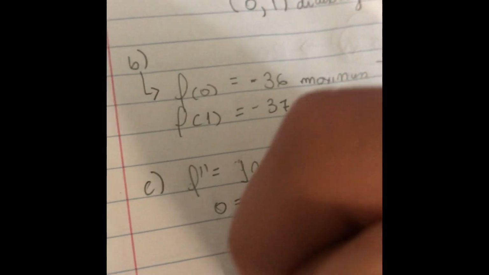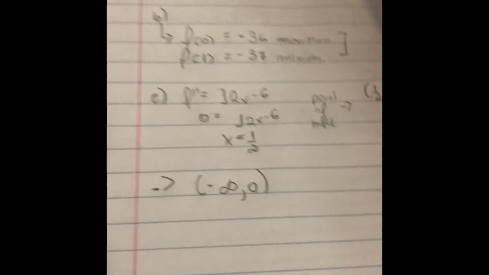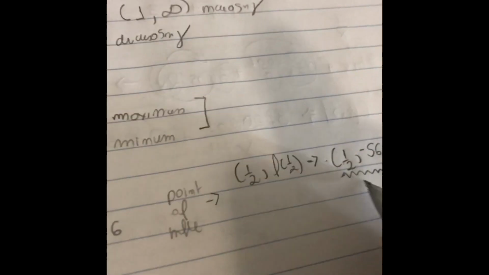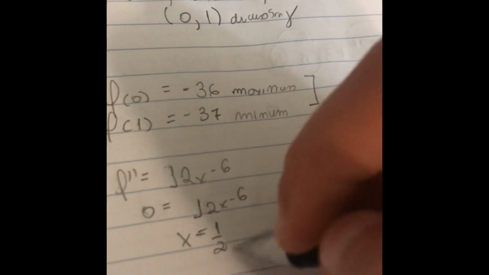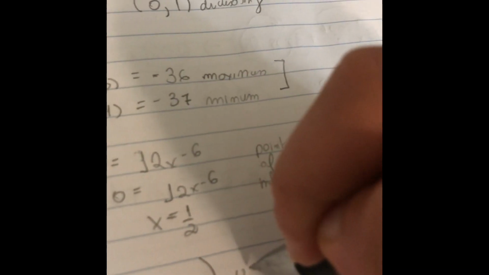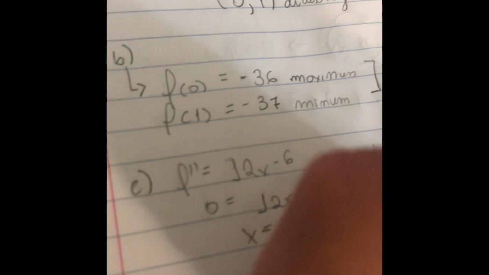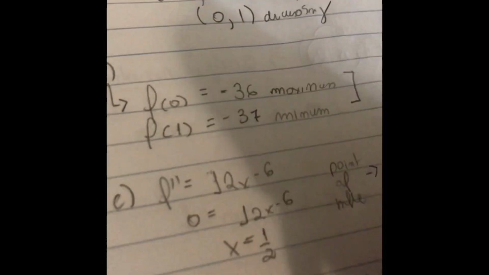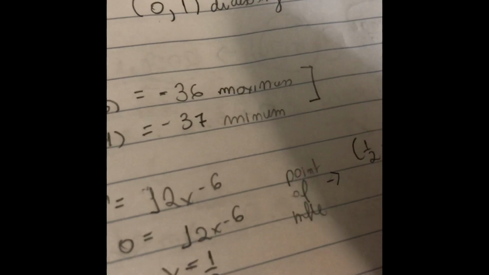So it will be concave down from minus infinity to 1/2, because at 1/2 it changes, that is the inflection point, and then the concavity up will be from 1/2 to infinity.